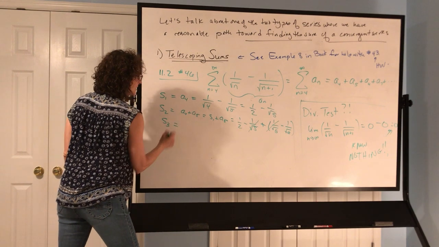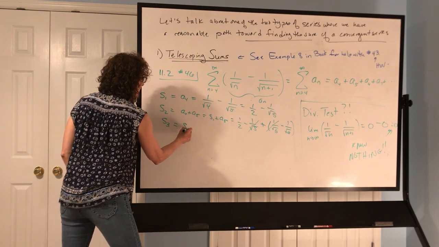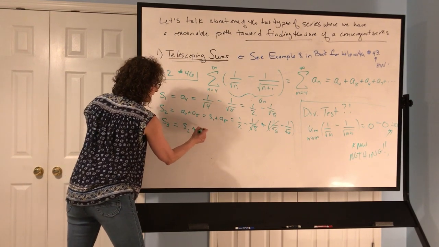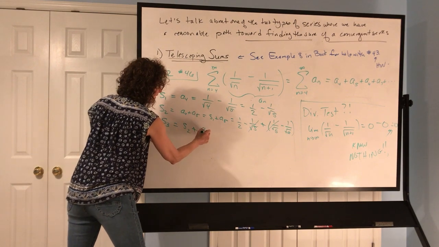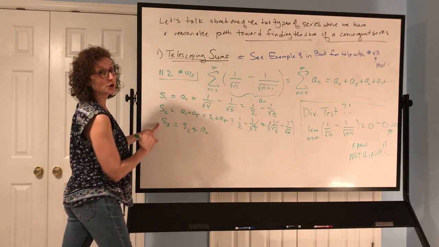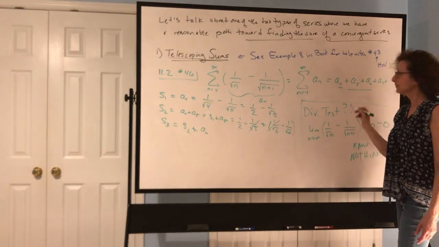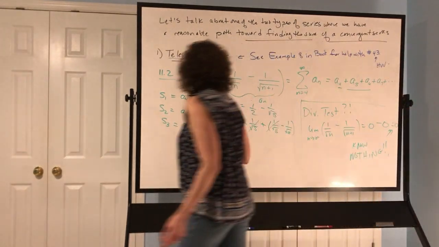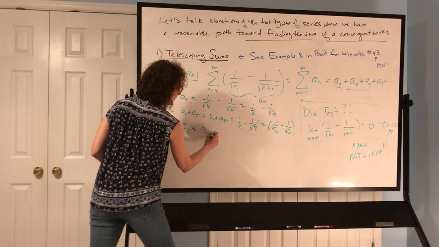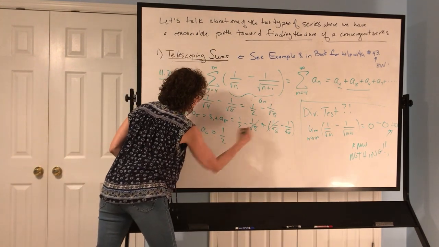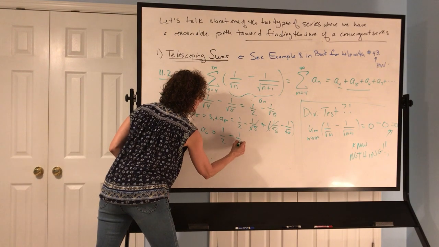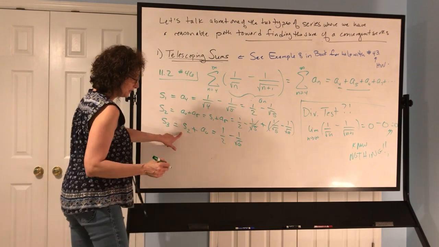These are already set up to have this nice cancellation happen. Let's do one more, S3. It's our previous sum plus the next term, which is A6. S3 is the sum of the first 3 terms. We've got 1/2 and minus 1 over root 6, which is what was left in S2.